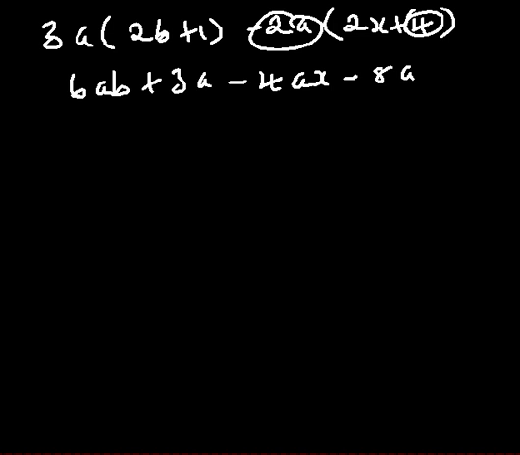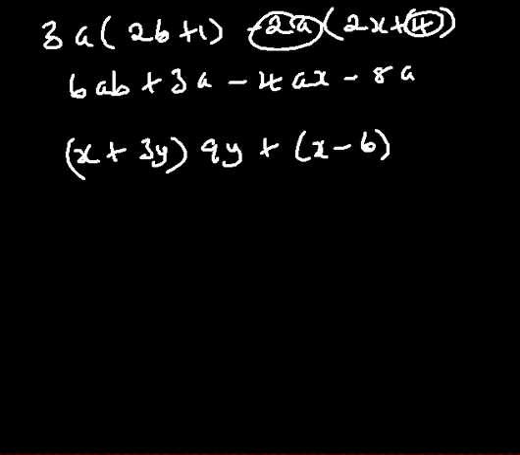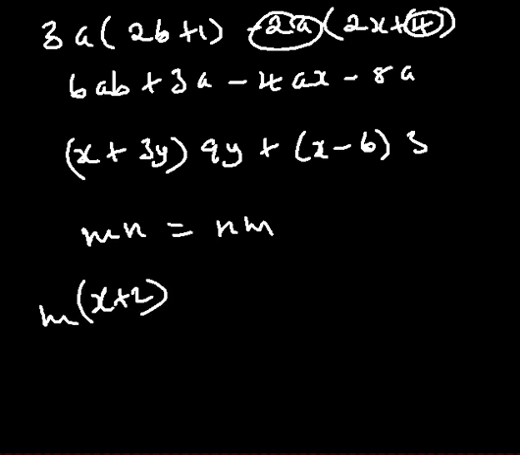And how about if we have this? Let's say we have x plus 3y times 9y, and plus x minus 6 times 3. Keep in mind that if we have n times m, it is the same as having m times n. If we have x plus 2 times m, it is the same as m times x plus 2.